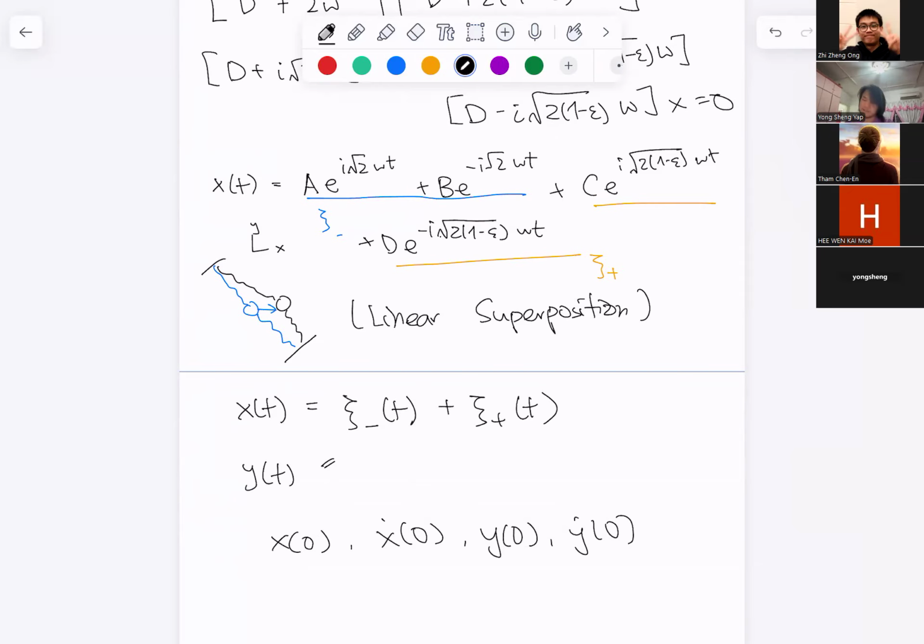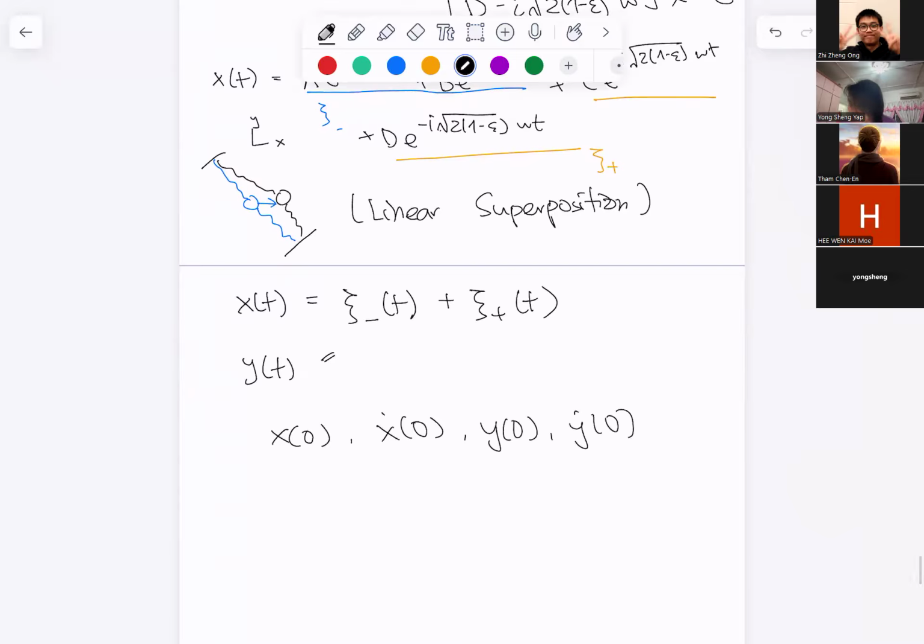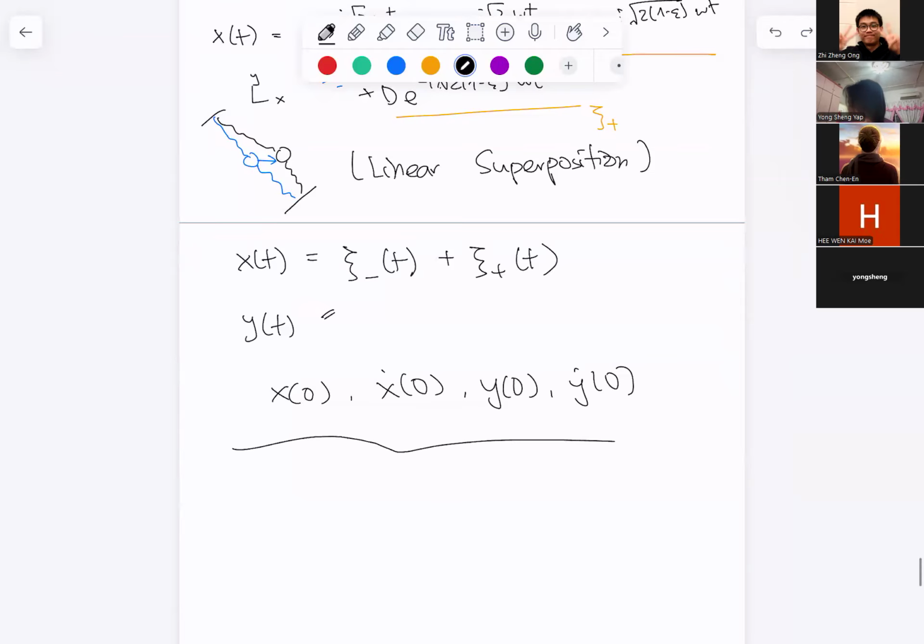This is very fun if you eliminate t and just think of what is the path drawn by these x and y's, drawn by this oscillator here. You find that they are something cool. I'm just gonna say it here because they're cool.